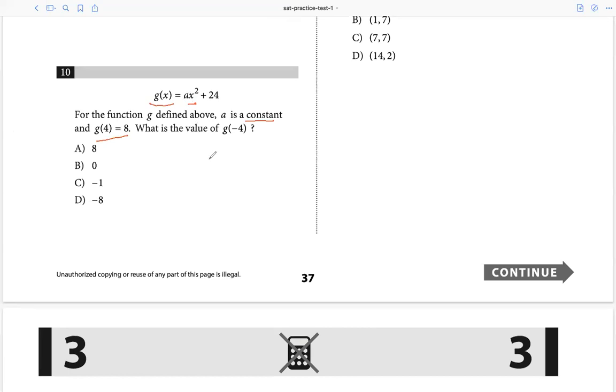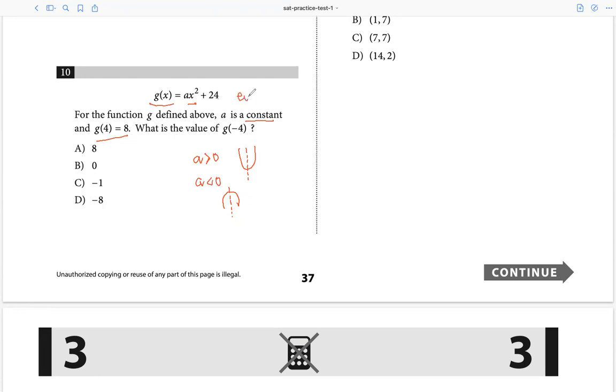Remember the graph of a quadratic function. If a is positive, you get an upward parabola. That's a line of symmetry. If a is negative, you get a downward parabola. That's also a line of symmetry. So what does the symmetry mean? That means the quadratic equation, in this case, has no x term.